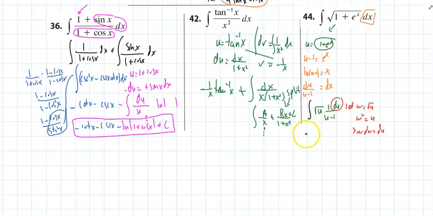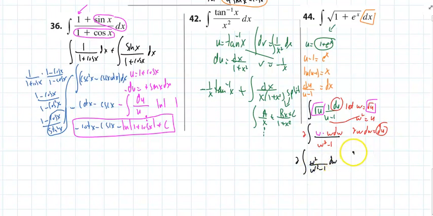This becomes the integral. And let's see how this plays. I know that this is w squared minus 1, and du is 2w dw, and I have this, which is my initial w. And here I'm looking at twice the integral of w squared over w squared minus 1 dw.